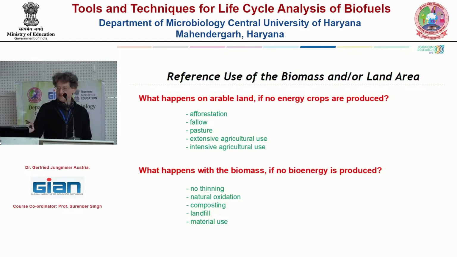process chains. This reference use of the land is relevant, but also of the biomass. The reference use of the biomass is mainly relevant if you use residues like straw, used cooking oil, manure. You always have to think what's happening if I do not make an energy carrier, if I just keep the current usage of it.